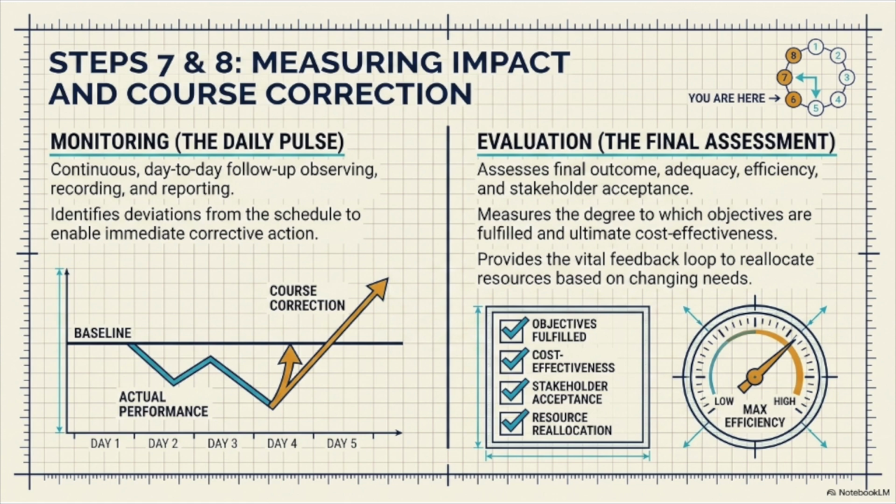It assesses the final outcome, adequacy, efficiency, and stakeholder acceptance. It measures the degree to which objectives are fulfilled and the ultimate cost effectiveness of the plan. Most importantly, evaluation provides the vital feedback loop that allows resources to be reallocated based on changing needs.